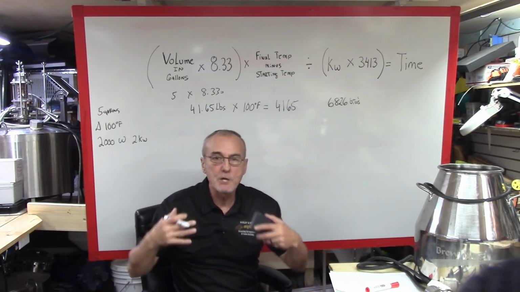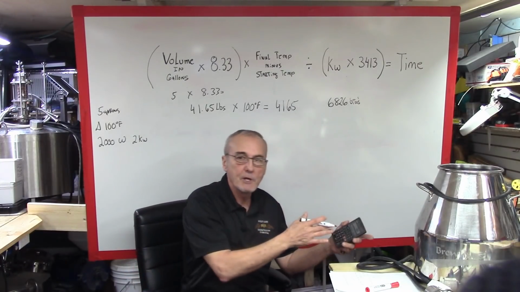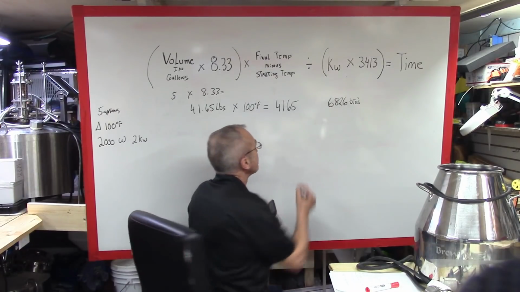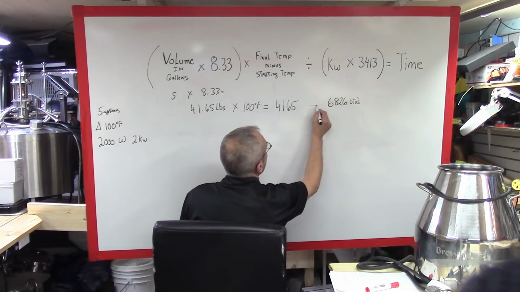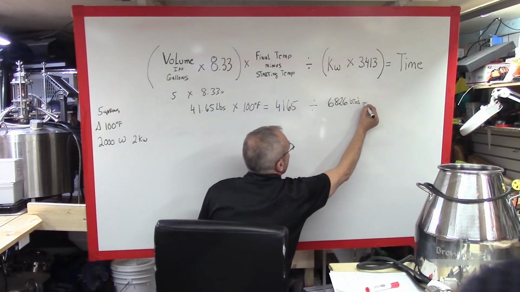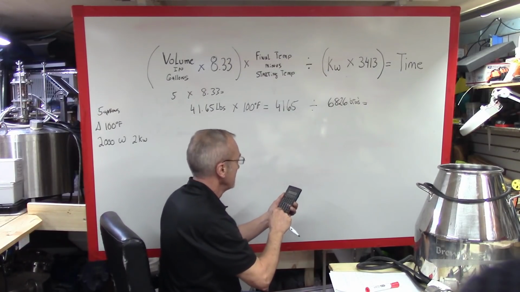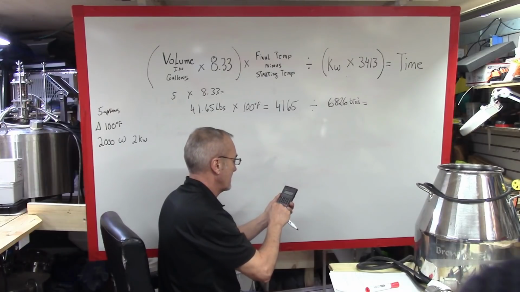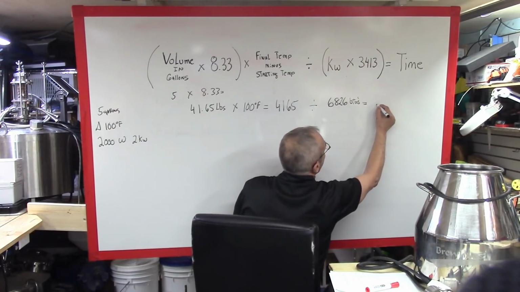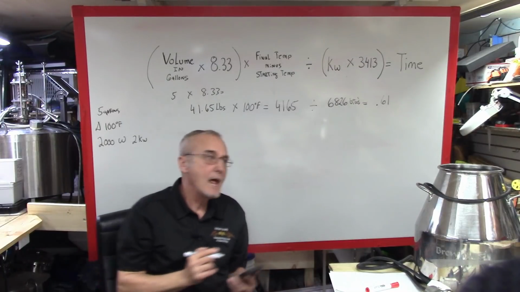That's how many British thermal units we are going to have being inputted into our mixture. We divide the result here by that. And we come up with 4165 divided by 6,826 equals 0.61. That's 0.61 hours.